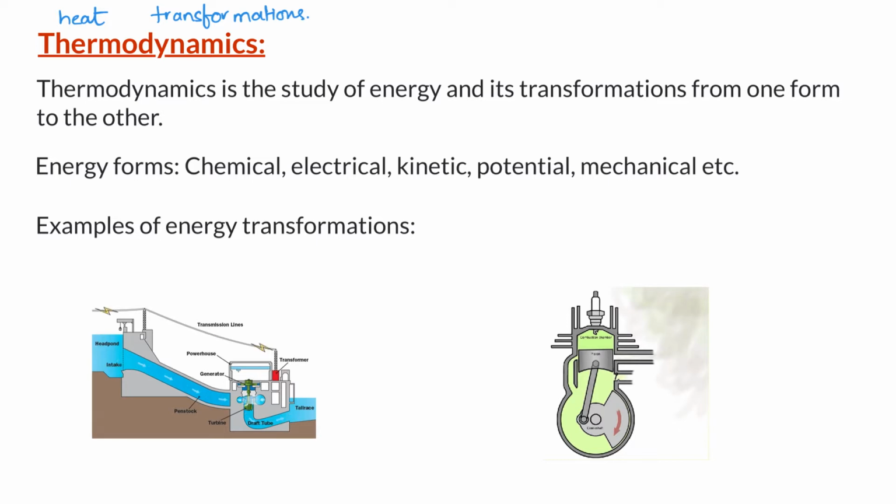For example, in a hydroelectric power plant, the potential energy of water sitting at an altitude is first converted into kinetic energy of flowing water, which is then converted and stored as electrical energy. And in an internal combustion engine, the energy stored in the chemical bonds of gasoline is first converted into heat energy, which is then converted into mechanical energy that moves the car forward.